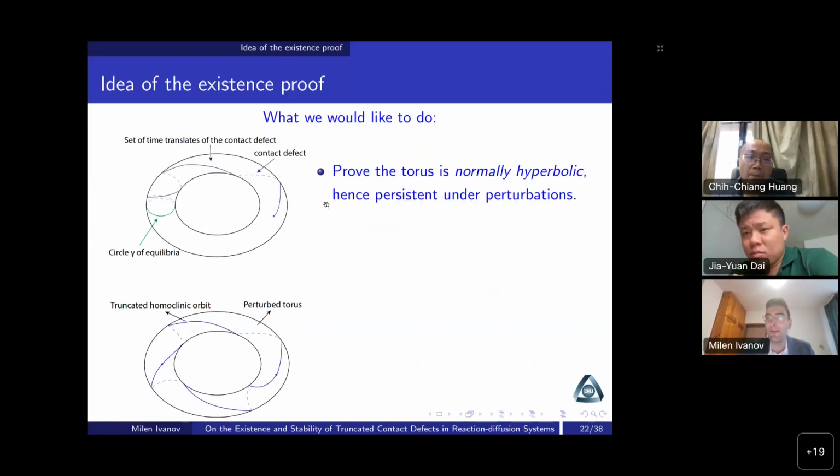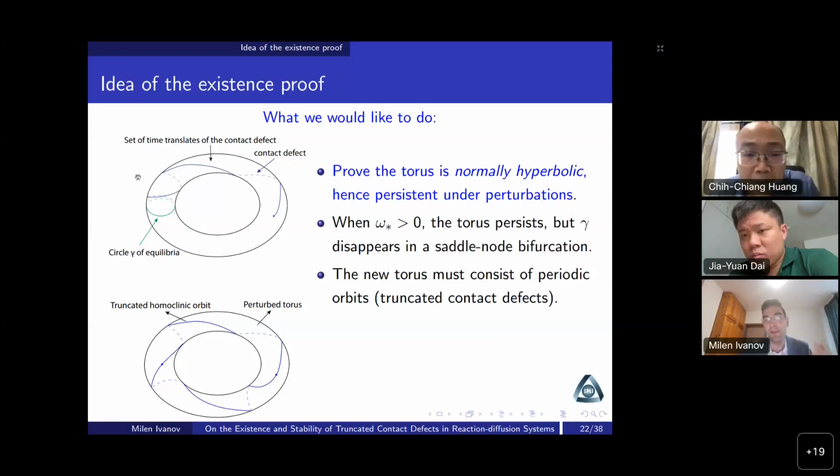So my wish list, what I wish I could do, is the following. I wish I could prove that the torus is normally hyperbolic, i.e. persistent under perturbations. If this was the case, I would just change omega star to be small and positive.